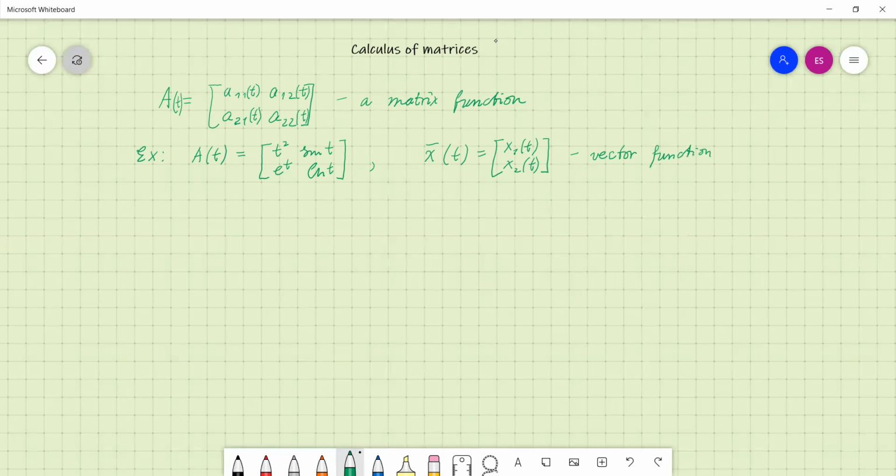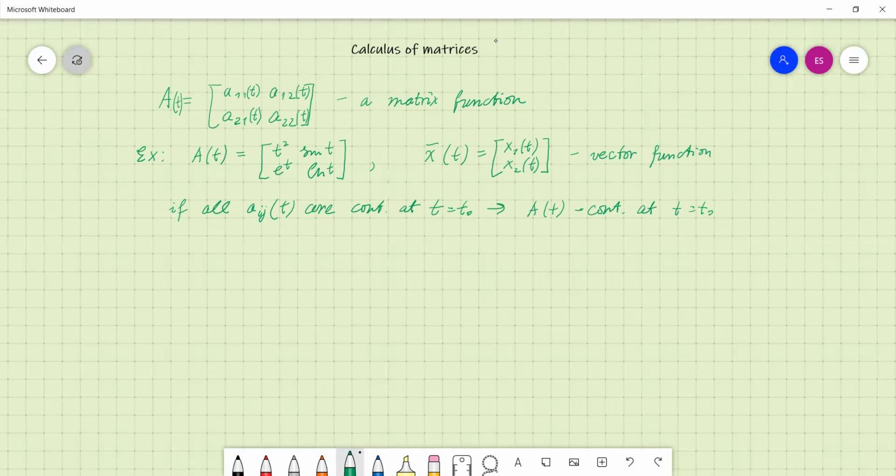Okay, how do we apply calculus to these vector matrices? Well, for example, if all coefficients of the matrix, all the function coefficients, aij of t, are continuous at a certain point t equals t0, then the matrix which is made out of these coefficients is going to be continuous at t equals t0.